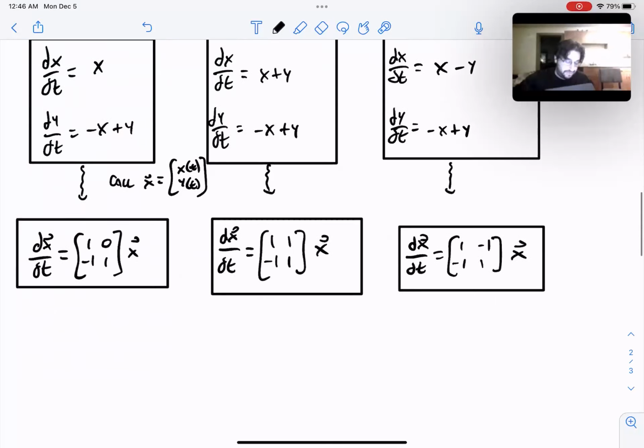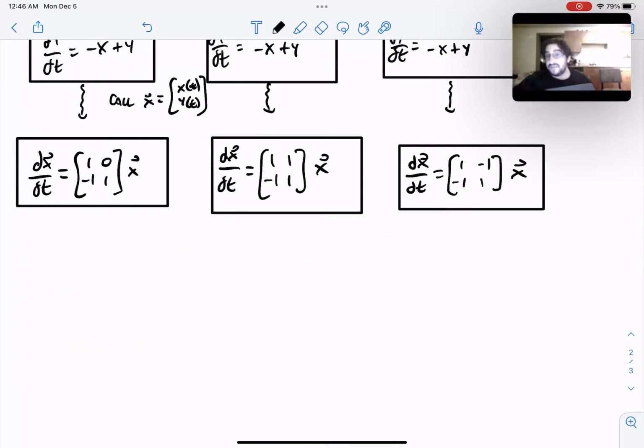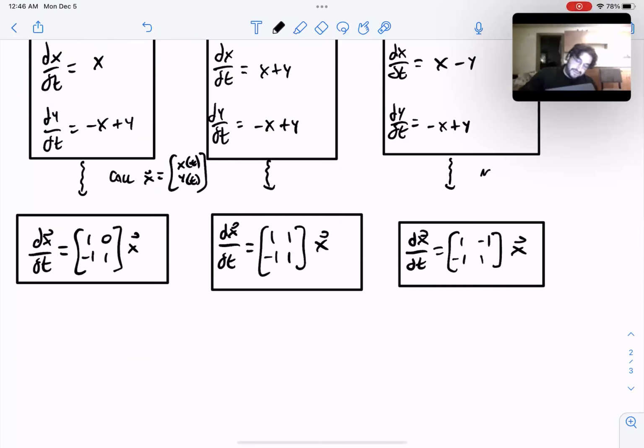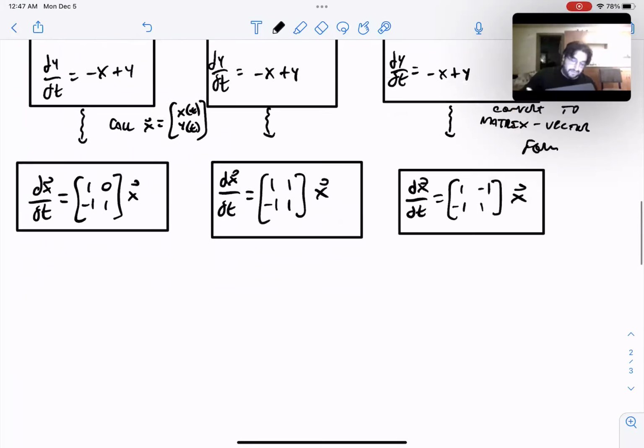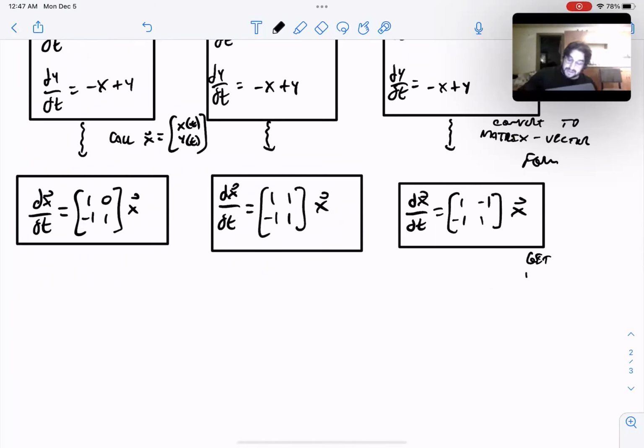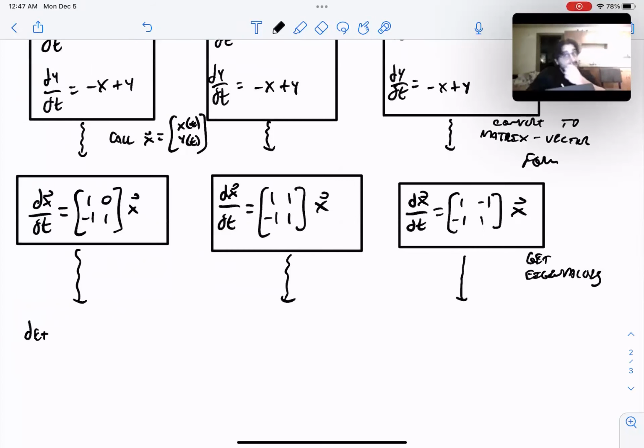Once you do this, it's the eigenvalues that really dictate what next step we take. So in this phase, we were just converting everything to matrix vector form. On this next step, we're going to get the eigenvalues. So let's take each of these matrices and compute determinant of A minus lambda I, set equal to 0 in every single case.